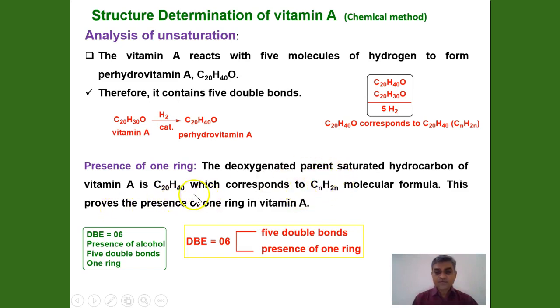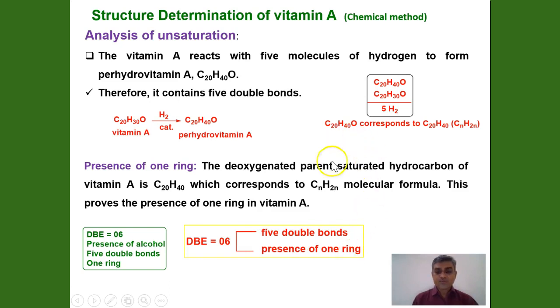Therefore, on the basis of this chemical arithmetic and the hydrogenation experiment, we can assume that vitamin A contains one ring. So, this hydrogenation experiment has given us two important points about the structure of vitamin A: it contains 5 double bonds and one ring.